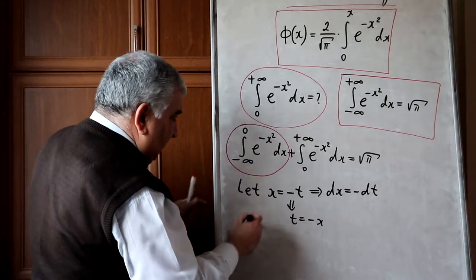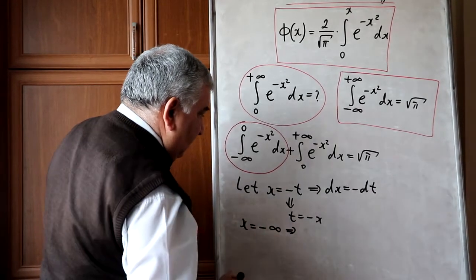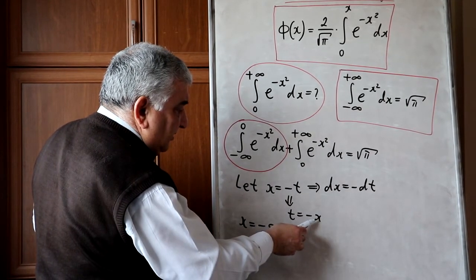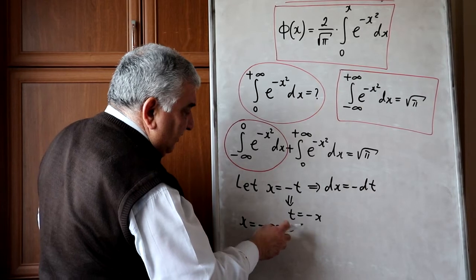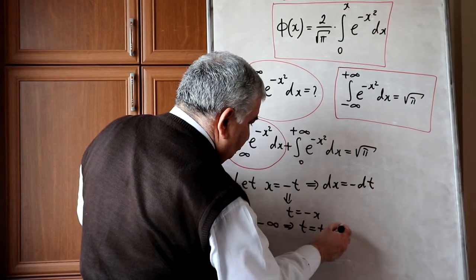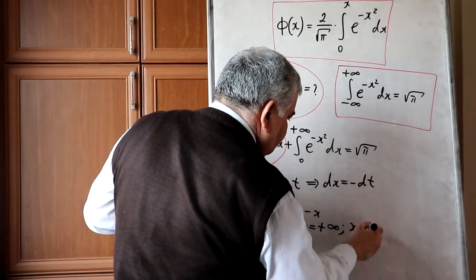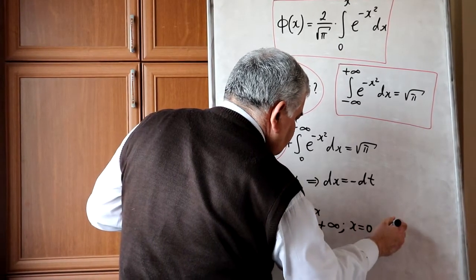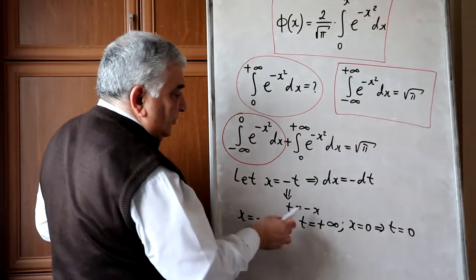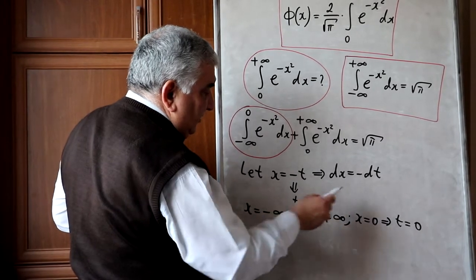If x is minus infinity, then substituting minus infinity instead of x, we obtain that t will be plus infinity. And if x is 0, then t is also 0.